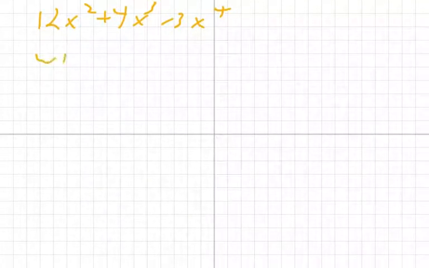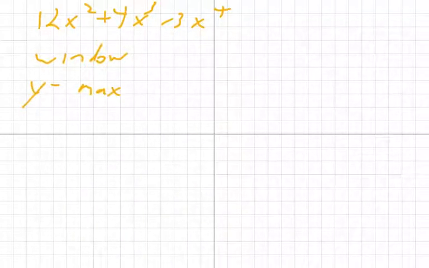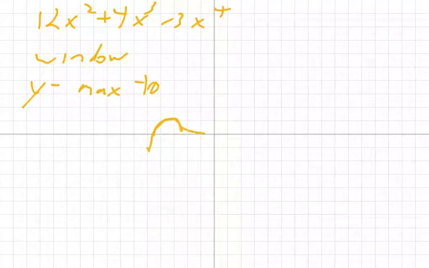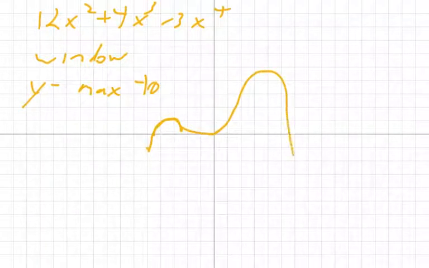So go into window and change the y max number to be 40. So my graph is not incredibly accurate. It's a little bit bigger, but you see this type of shape.